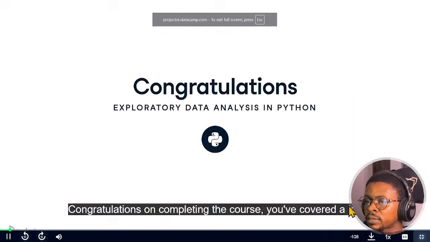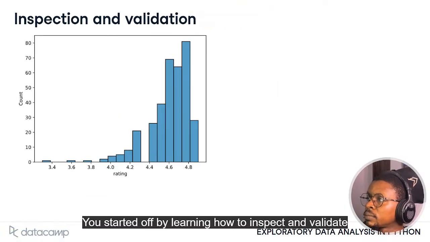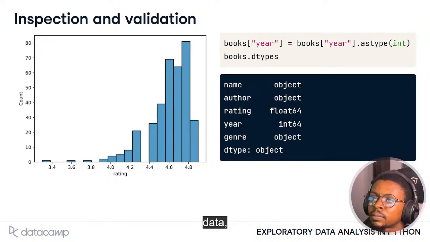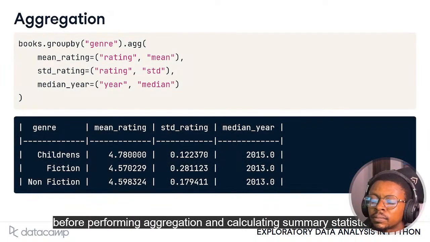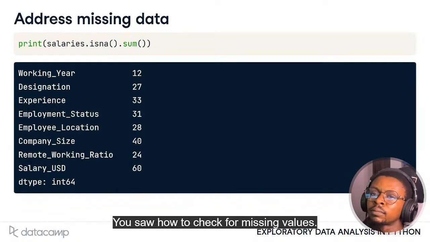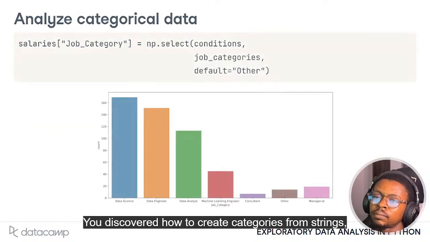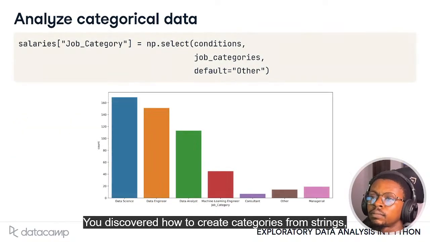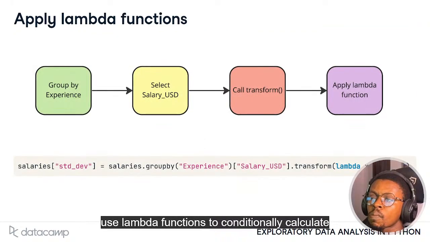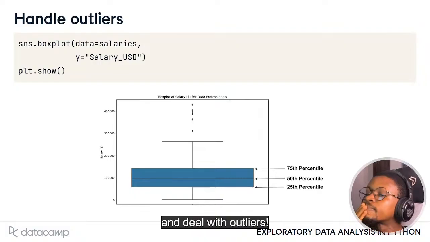Congratulations on completing the course. You've covered a lot. You started off by learning how to inspect and validate data before performing aggregation and calculating summary statistics. You saw how to check for missing values, then identified strategies to deal with them, including dropping missing values and imputation. You discovered how to create categories from strings, use lambda functions to conditionally calculate summary statistics based on categories and add values into the original data frame, and deal with outliers.